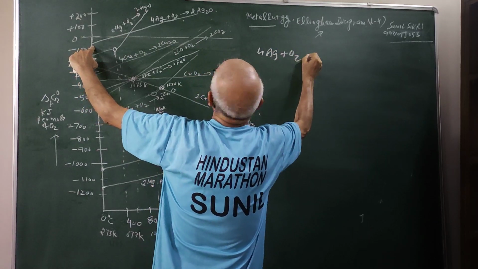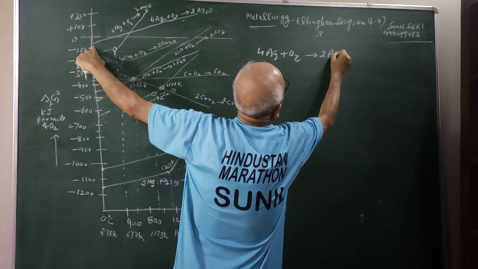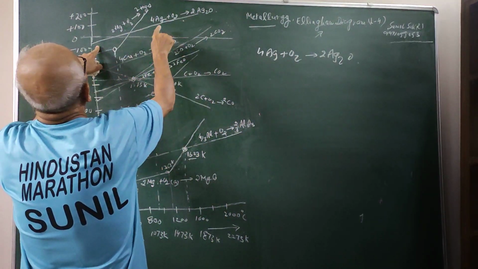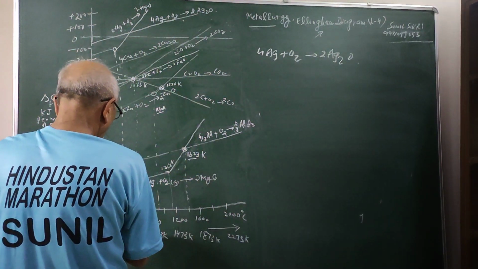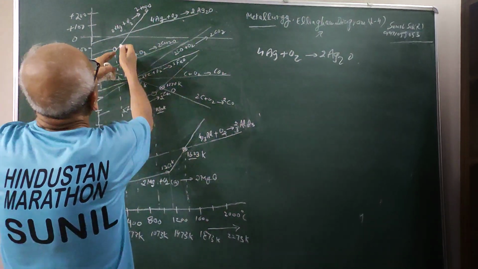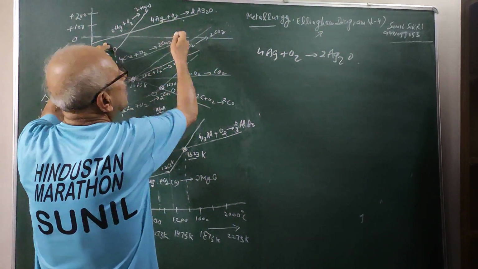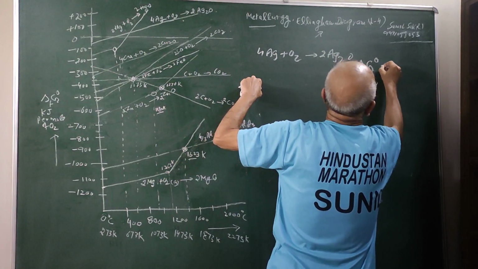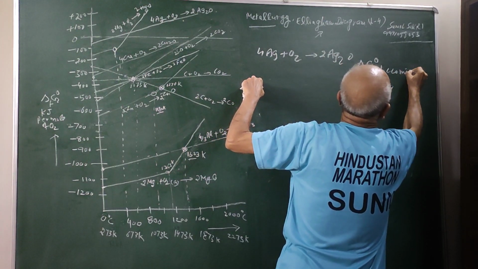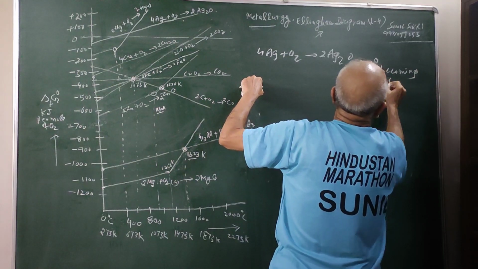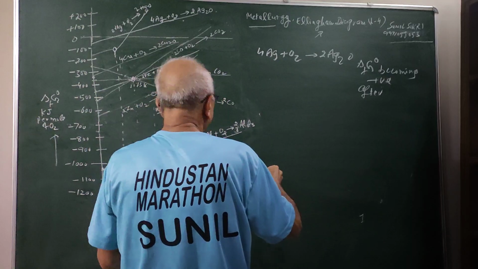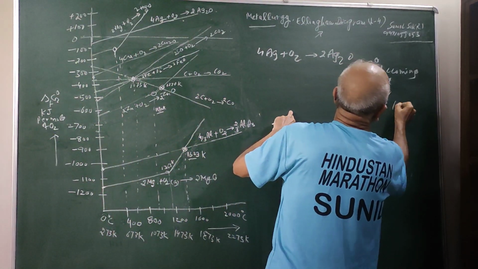4Ag plus O2 gives 2Ag2O, and you can see that this value is becoming positive after around 673 Kelvin. The delta G0 of formation is becoming positive after about 673 Kelvin.